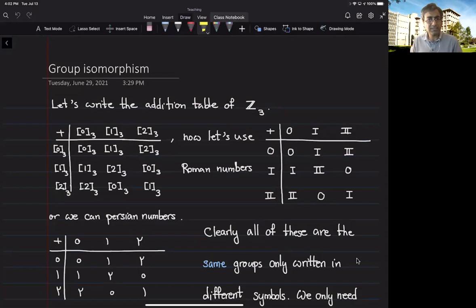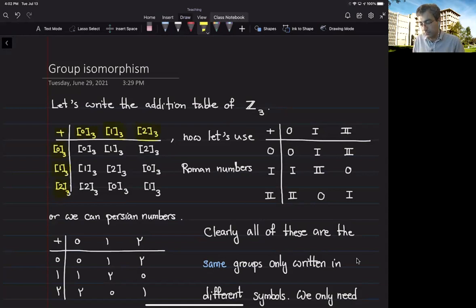To be more precise, I'm talking about the residue classes modulo 3. So I'm talking about the residue class of 0 mod 3, the residue class of 1 mod 3, and the residue class of 2 mod 3. If I look at the addition, the operation on this group, then I get this table.